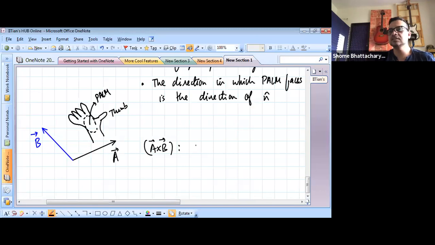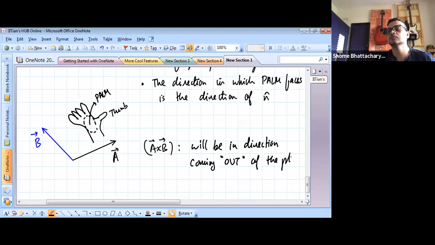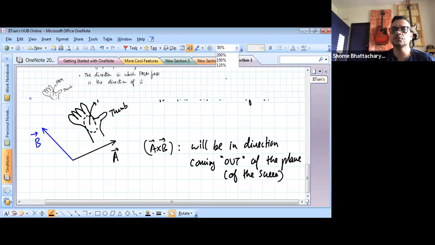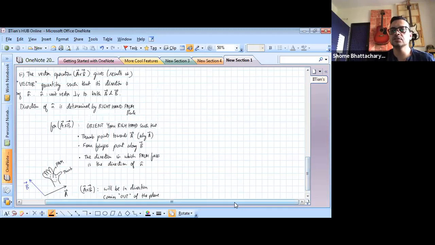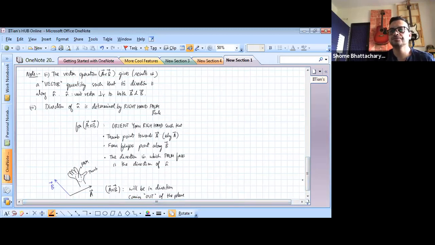In this case, A cross B will be in the direction coming out of the plane of the screen on which you are seeing this. Okay. So this is like one example of application of cross product of right hand palm rule. Okay, we'll do more examples. So just first note down this point.